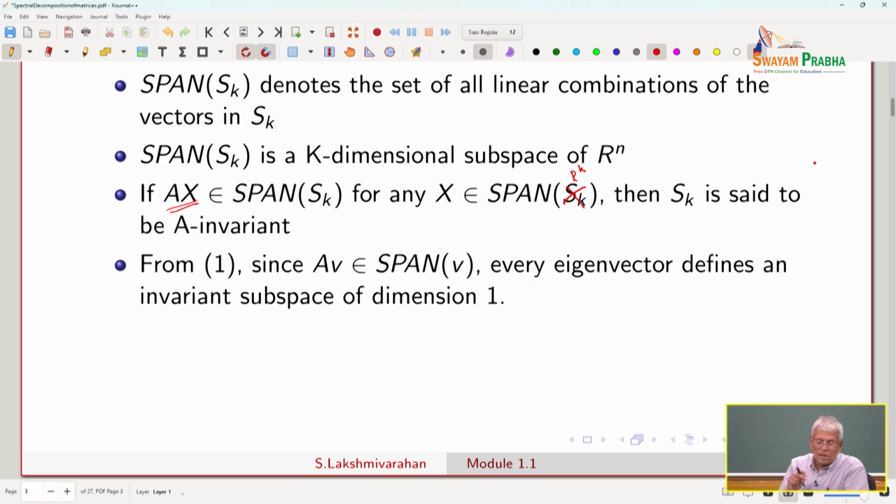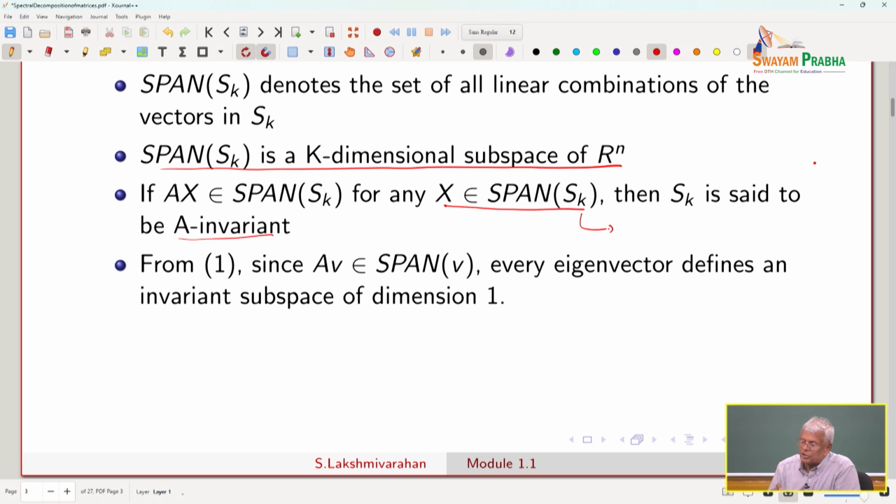Look at this now. I want to go a little bit slow on that. We already saw the notion of a k dimensional subspace. Now, I am going to talk about what is called the invariant subspace. So, let x be a vector in the span of Sk. What does it mean?